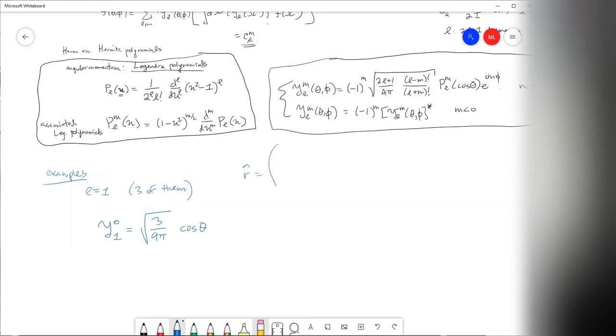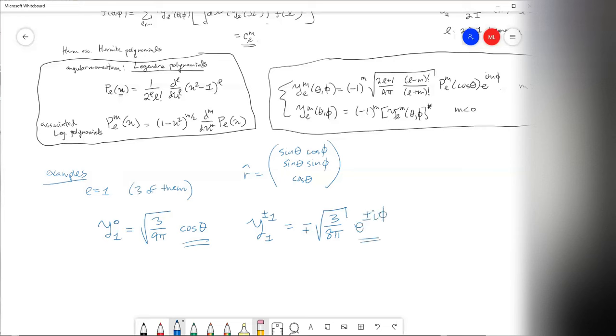If you have the unit vector, this is sine theta cosine phi, sine theta sine phi, and cosine theta. So you see, you got this guy. Now for m equals plus or minus 1, let's just do both of them. This is minus plus the square root of 3 over 8 pi, times e to the plus or minus i phi.